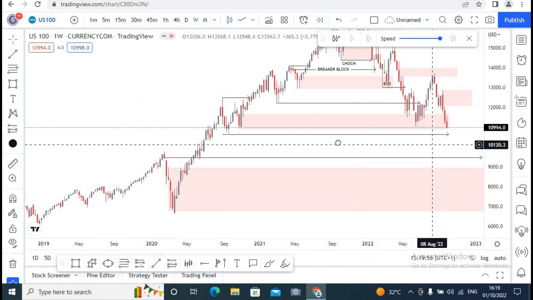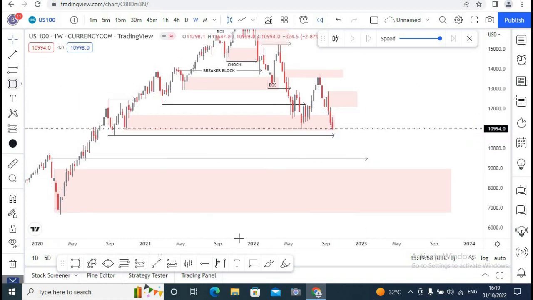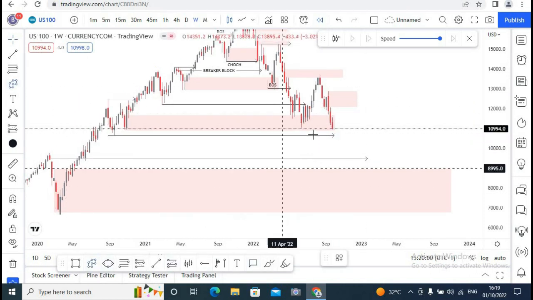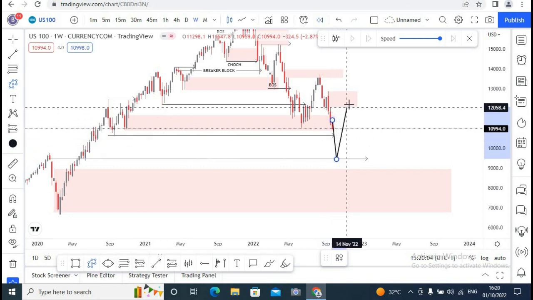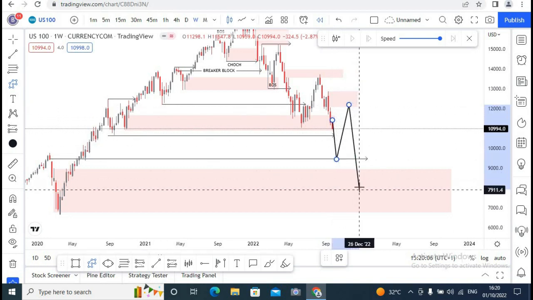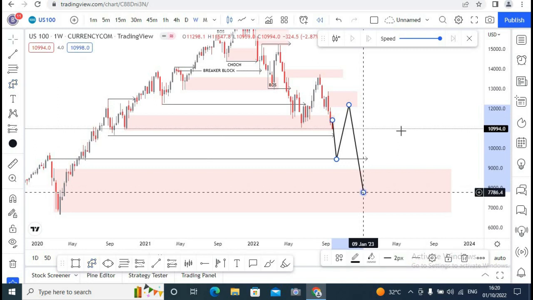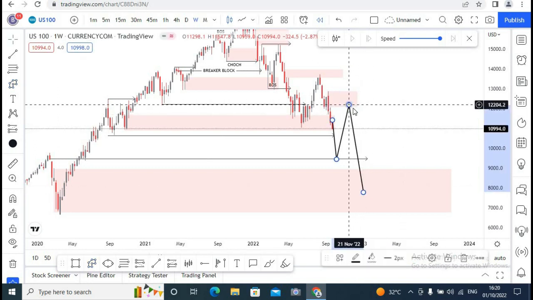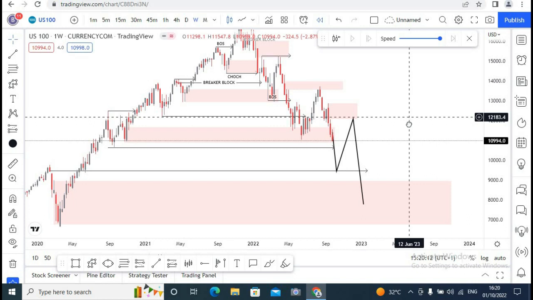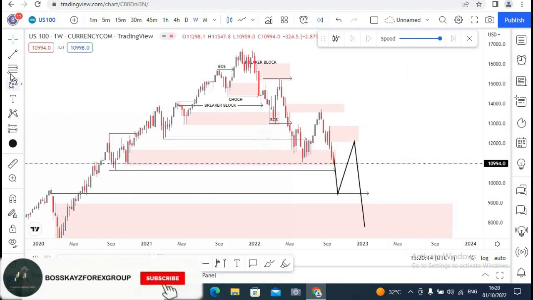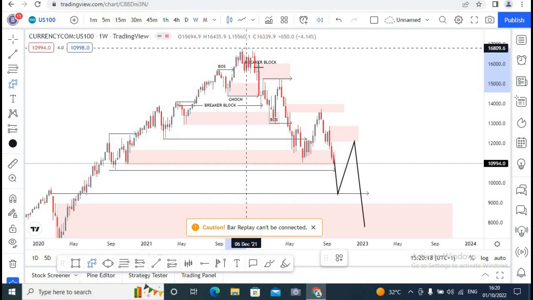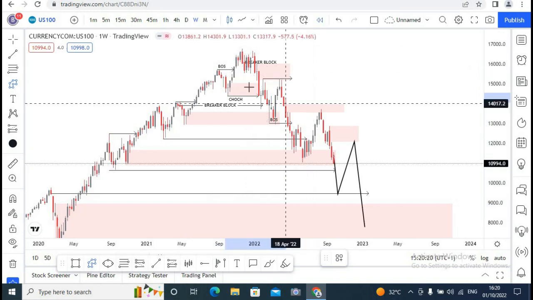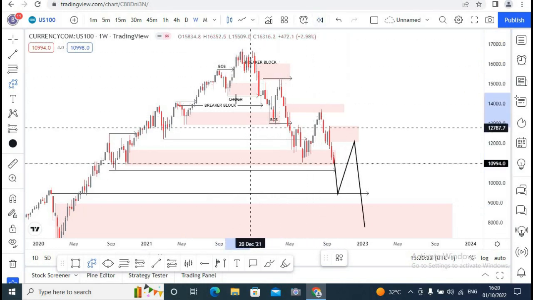So it's possible for price now to come back to this zone before they come back to this supply, and then they can come to this demand zone level right there, something like this. Because now it will be clear that the price is giving you clean swing structures.